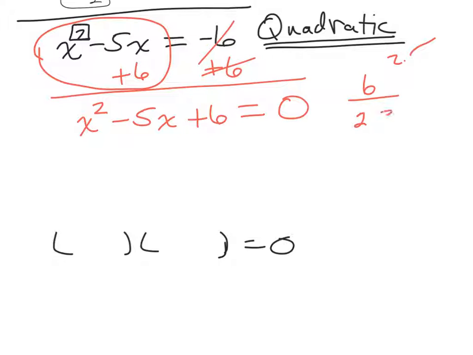So we'll have either 2 and 3 or negative 2 and negative 3. And negative 2 and negative 3 do add up to negative 5. So how does it factor? x minus 2, x minus 3.